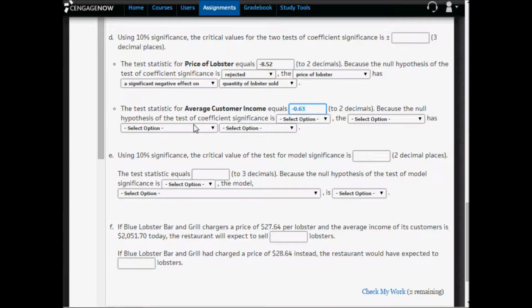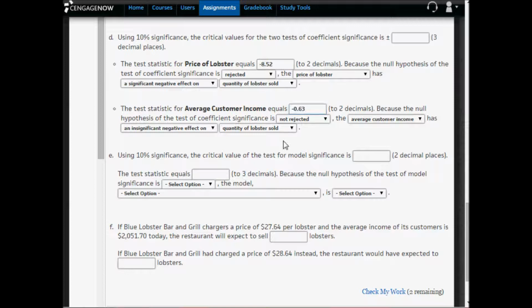Because the null hypothesis of this test is not rejected, we say average customer income has an insignificant negative effect on quantity of lobster sold. Why insignificant? The test statistic is under the hump of the t-distribution. It's inside the critical values, but it is negative, so the effect is insignificant and negative.